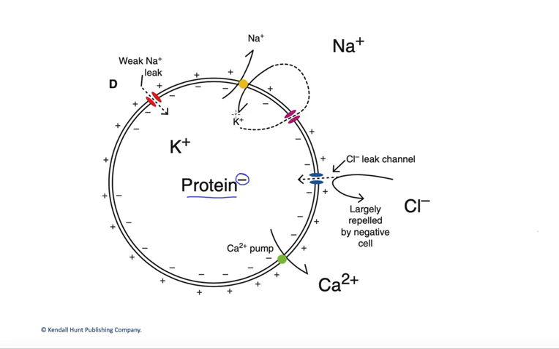Now, the next thing to look at, which is a huge factor in determining differences between inside and outside the cell, would be the sodium-potassium pump shown here. That sodium-potassium pump moves 3 sodium ions out for every 2 potassiums moved in for each cycle of the pump, which means that it's electrogenic.